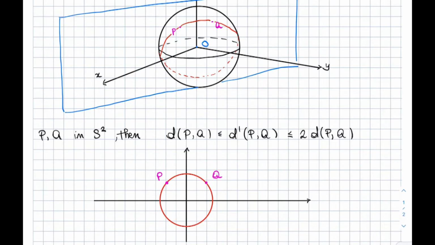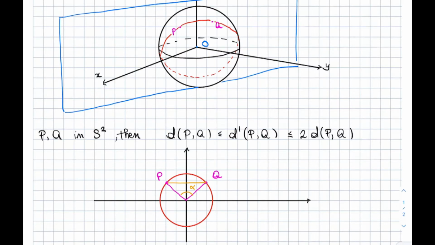And we know that if we draw the angular sector identified by P and Q, and we call alpha the angle identifying this angular sector, then the distance between P and Q is given exactly by alpha, given that we're measuring using radians. Whereas, if we were to compute the distance between P and Q using the metric inherited from R3, we would have to compute the length of the segment connecting P and Q in this way.